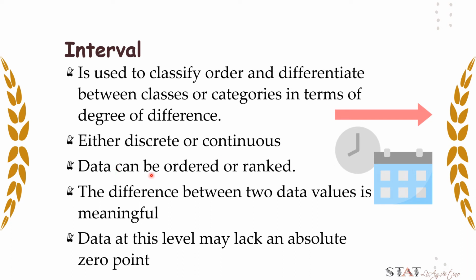Data can be ordered or ranked, and the difference between two data values is meaningful. Data at this level may lack an absolute zero point. So that is the interval, like 0 to 50, 60 to 100.